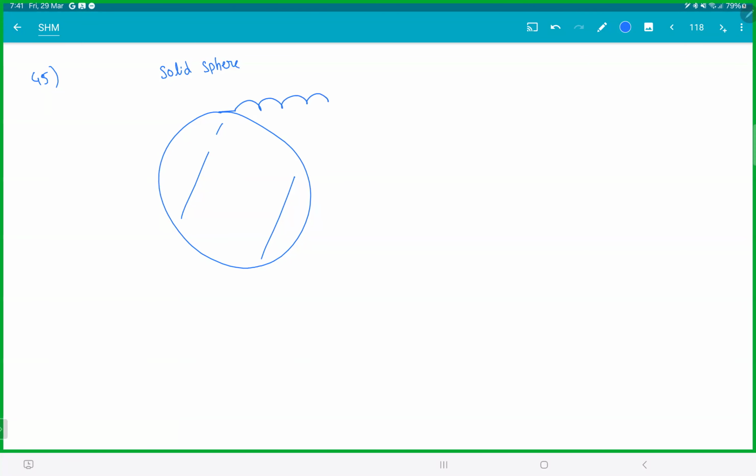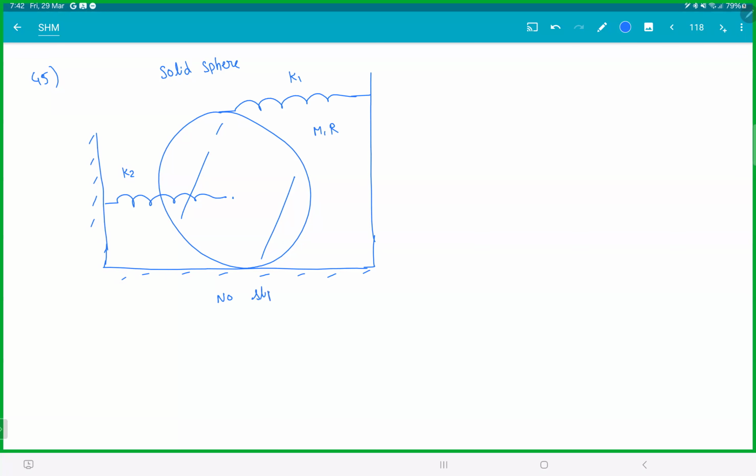Solid sphere, but this time I keep a spring on the top, K1. I keep a spring in the middle, K2. There's no slipping. Now find the time period. Find time period for small oscillations. Idea is the same.